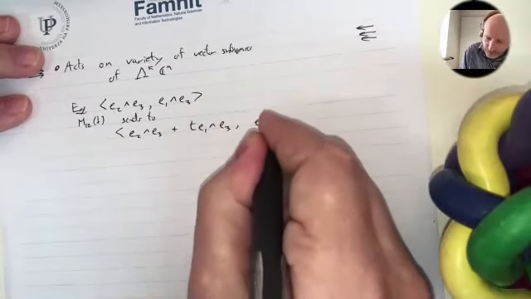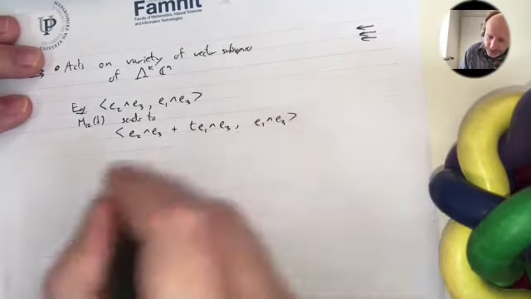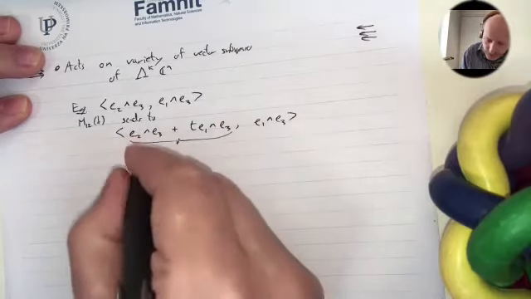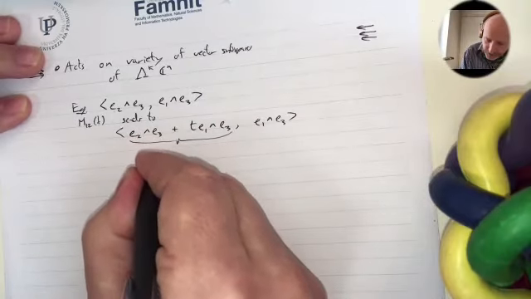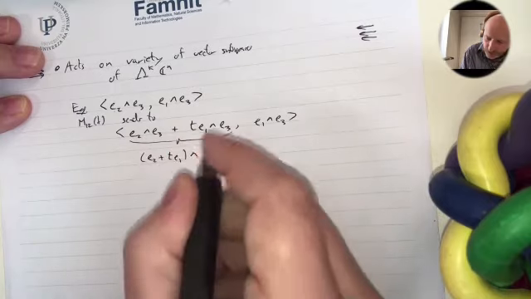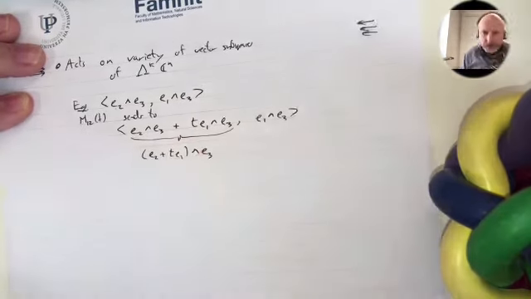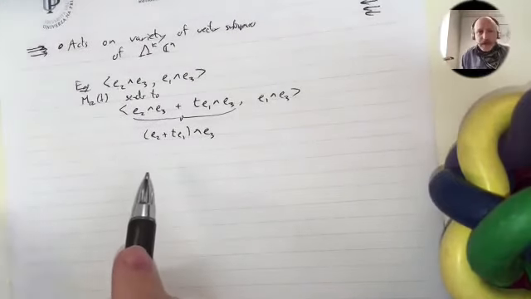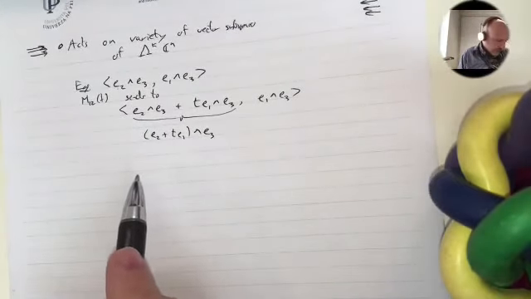And I fix the second generator, and let's write that out. So this is E2 plus TE1, whole thing wedge E3. Okay, because this is a product, I have a distributive law here.